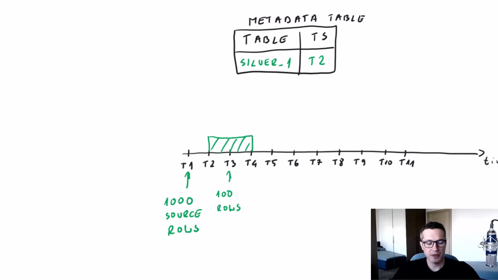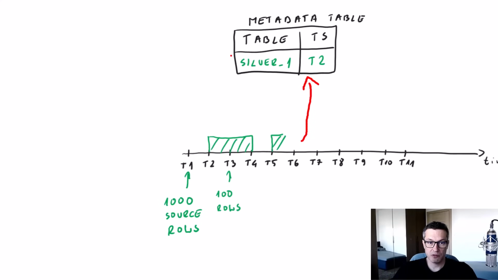And that's exactly what happens at T5. We run the processing again, and the pattern is again the same. We go to the metadata table and check when was the last time we successfully processed this table.